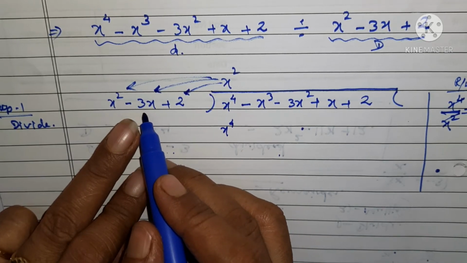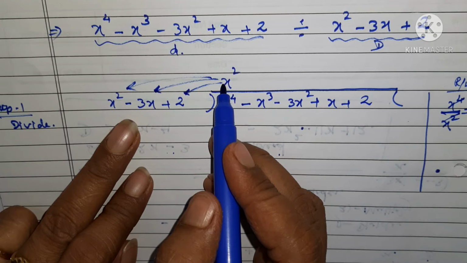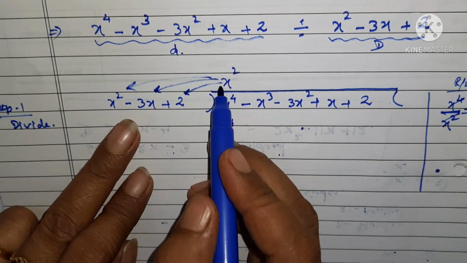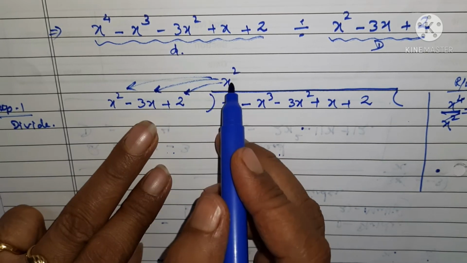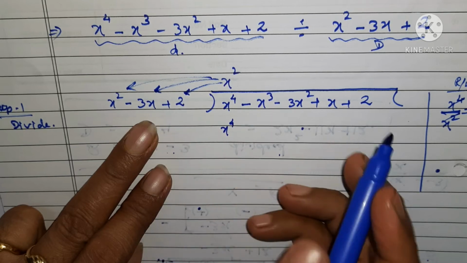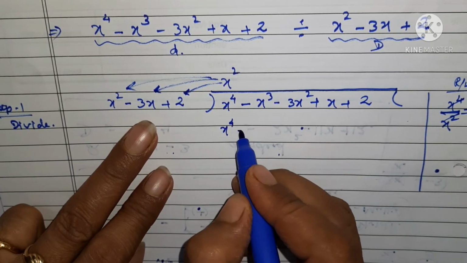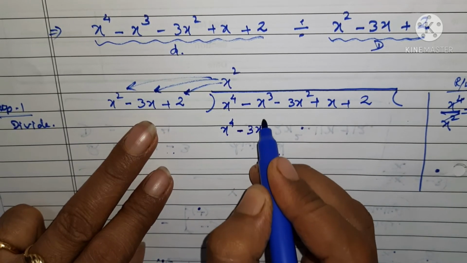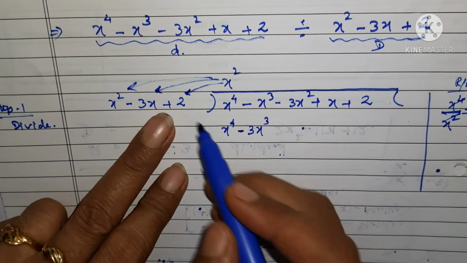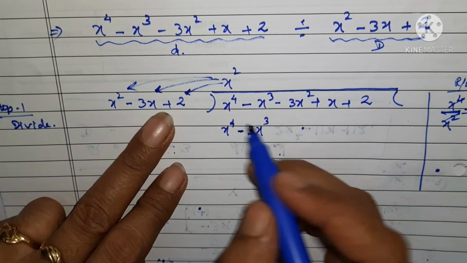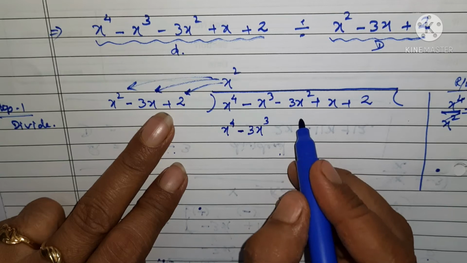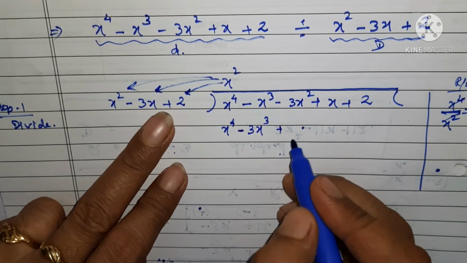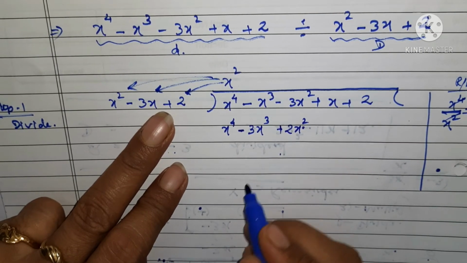So it will give you minus 3, and x square into x will give you x cube. So here it will give you minus 3x cube, right? Then 2 into x square will give you 2x square, and just below x square you will write 2x square.